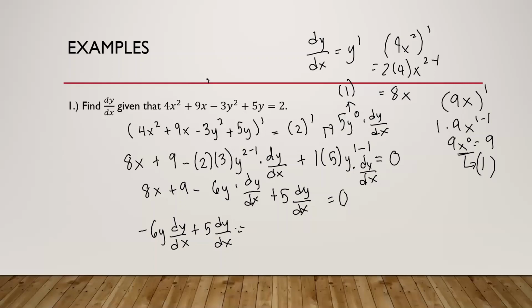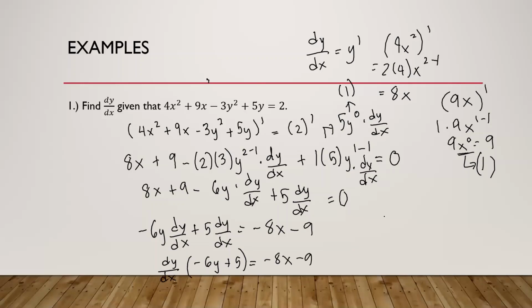Ngayon, ililipat na natin yung mga walang dy over dx sa kabila. So, itatranspose na natin. So, magiging negative 8x minus 9. Okay, so, applying the third step, dy over dx times negative 6y plus 5 equals negative 8x minus 9.